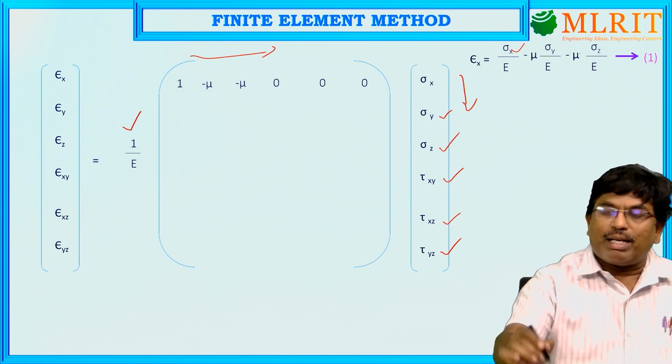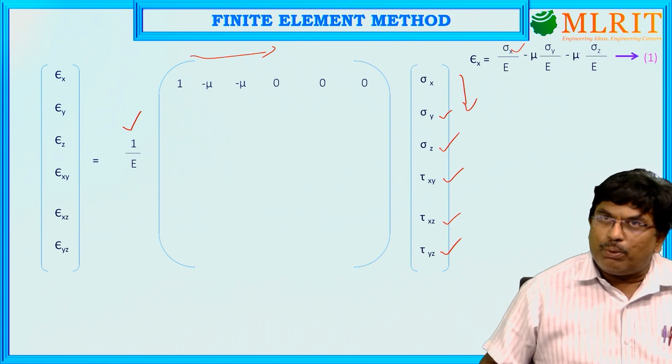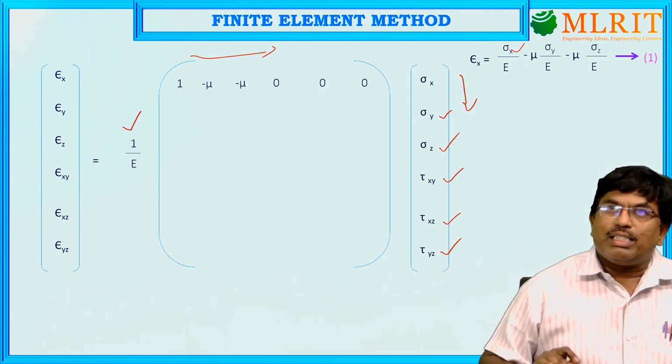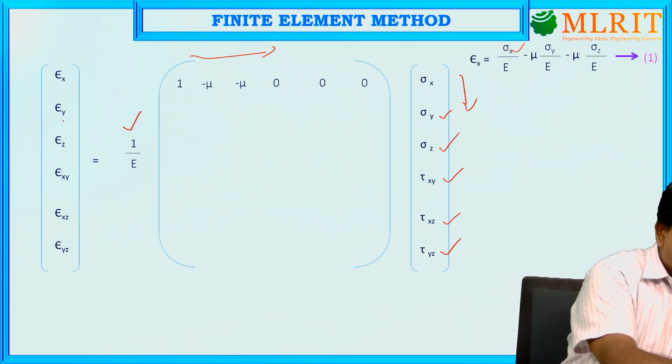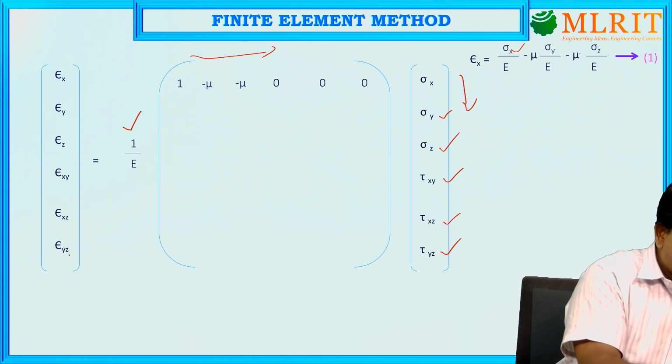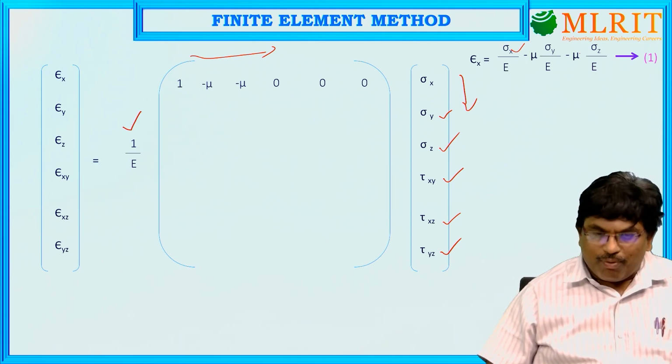So like that I completed equation number 1. Similarly you have to complete equations 2 and 3 as well as 4, 5, 6. That means the equations of epsilon x, epsilon y, epsilon z and the equations of epsilon xy, epsilon xz and epsilon yz. Always go equation by equation.